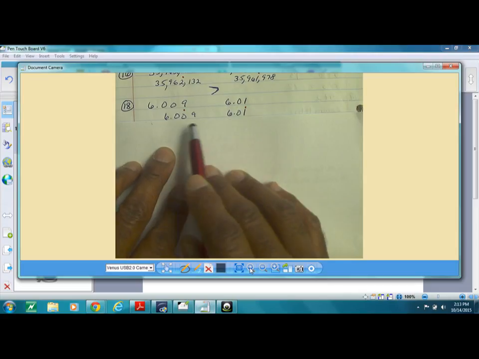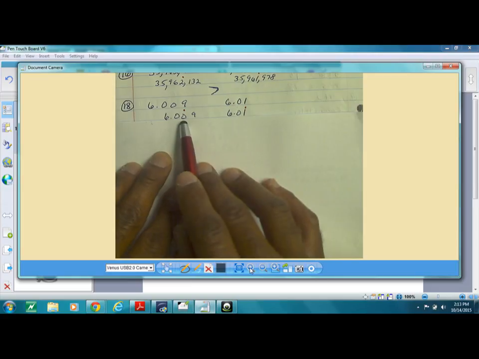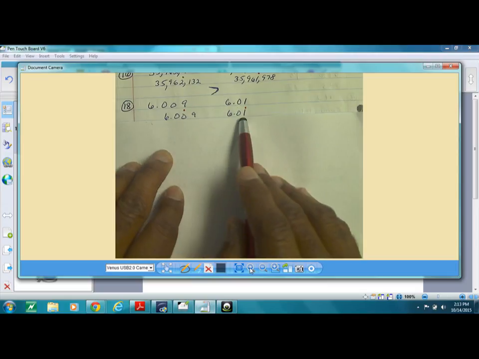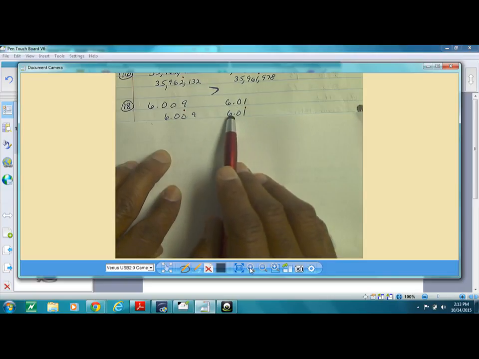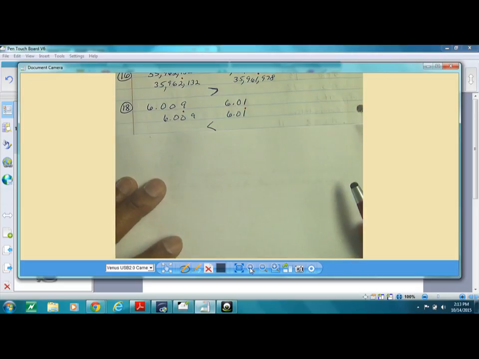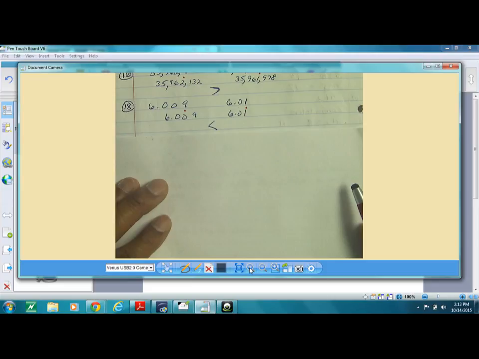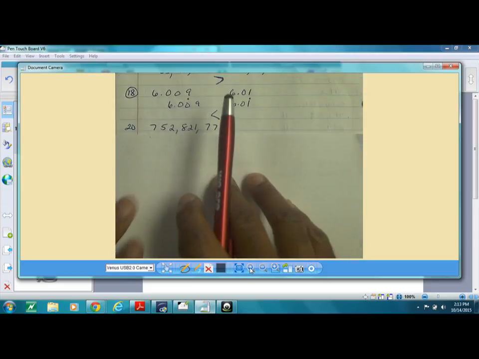Both of them have zeros in the tenths place. So we move over to the hundredths place. There's a 0 in this hundredths place, and there's a 1 in this hundredths place. 1 is greater than 0. So this number, 6 and 1 hundredth, is greater than 6 and 9 thousandths. So we're going to draw that symbol right there. Okay? Let's move on to number 20.